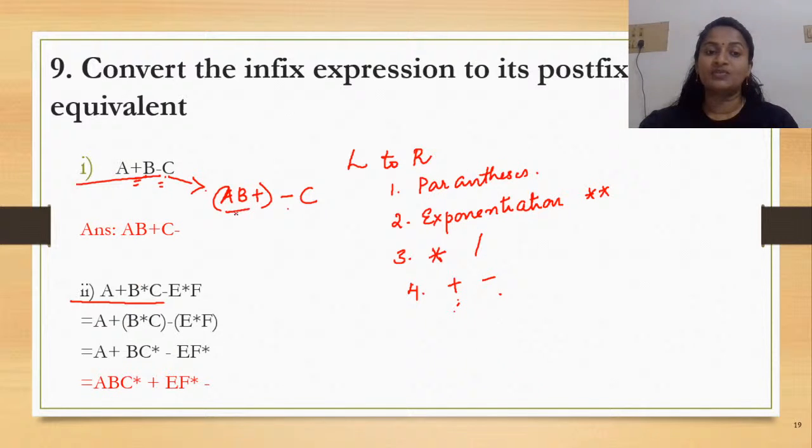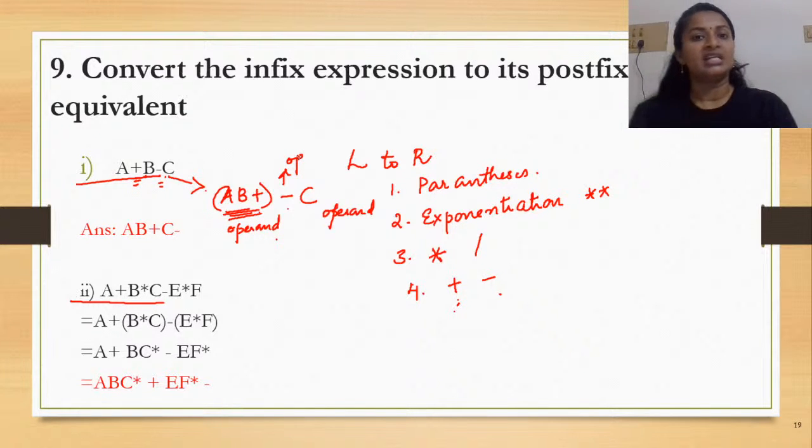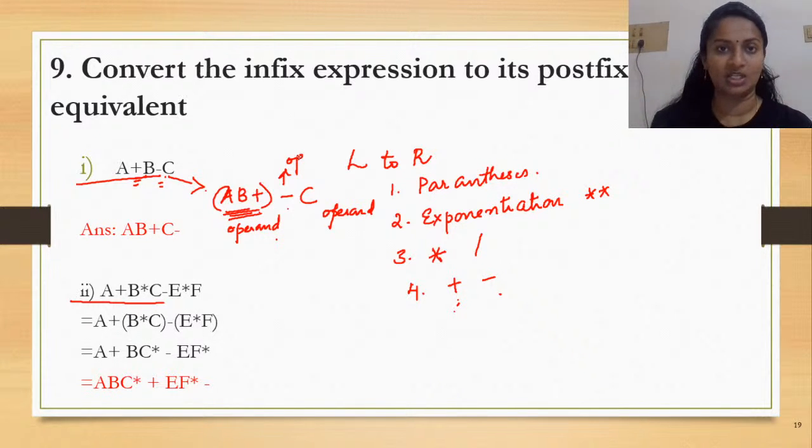Now, this is your postfix notation with respect to A plus B, right? Now, consider this as an operand. Now, how is your expression looking? You have two operands. The first operand is AB plus and the second operand is C, and you have an operator in between both the operands. Now, this looks like an infix expression, right?